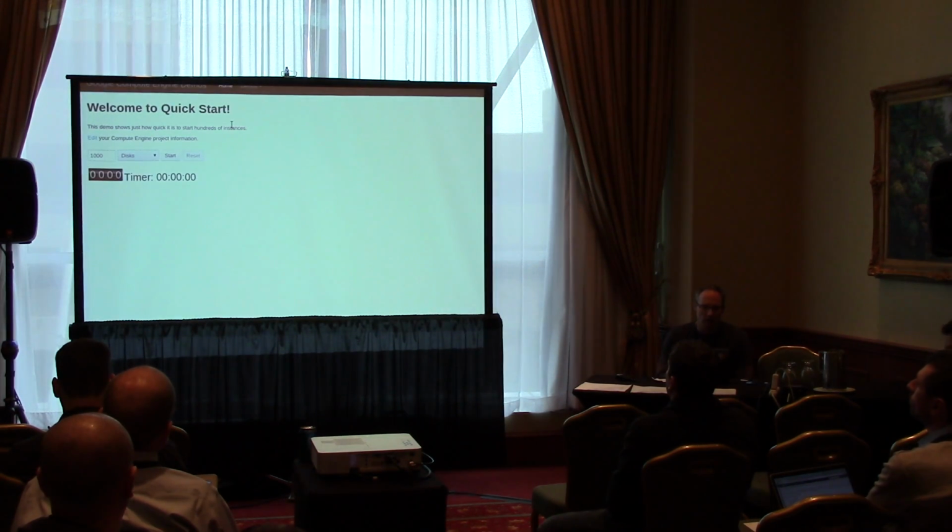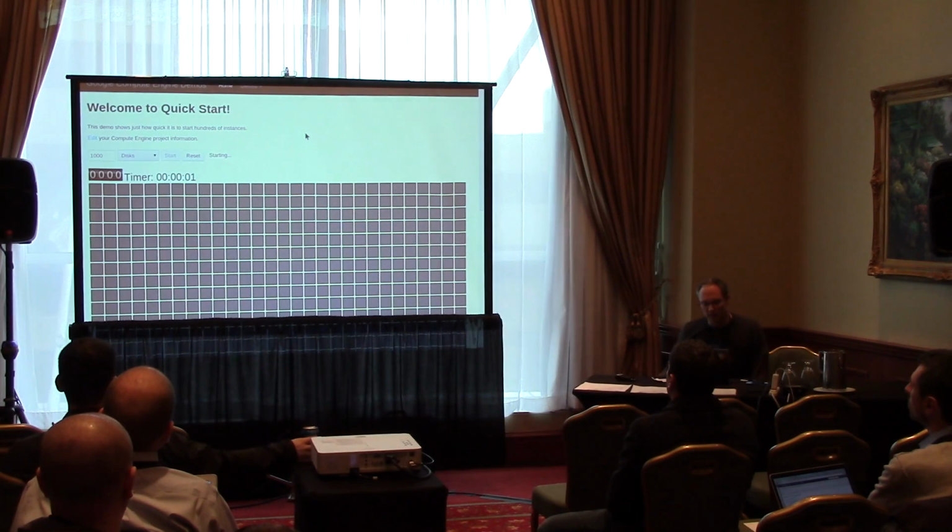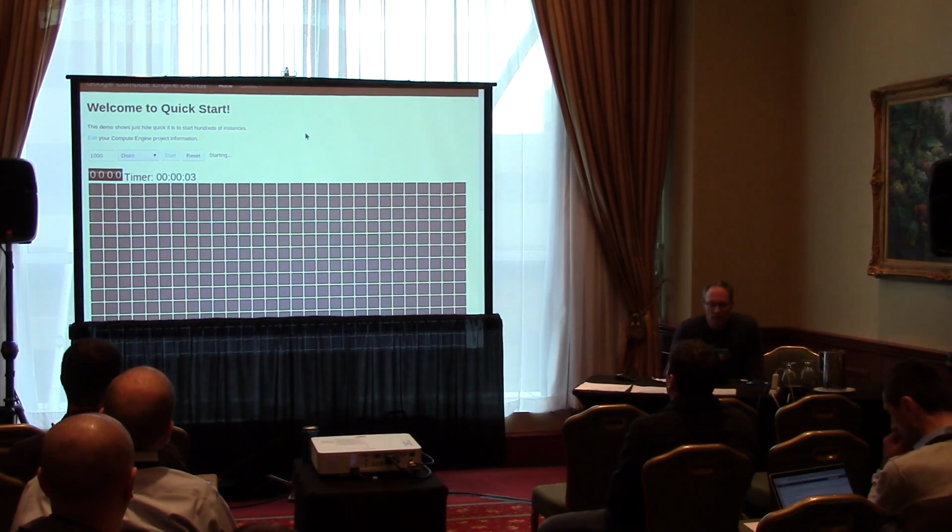So this is a little demo that we have here. What I'm going to do is kick off a request to spin up 1,000 persistent disks, and I'll tell you a little bit about persistent disks as this is going on. To give you an overview of what this demo does, it's drawn out 1,000 boxes here. Each of those boxes represents one of the persistent disks that's being provisioned.